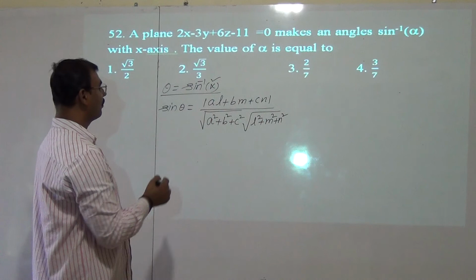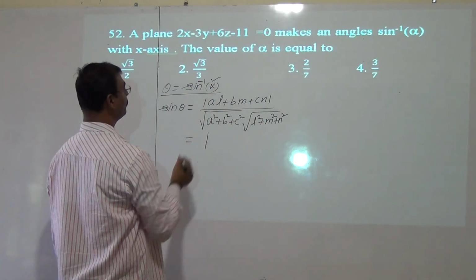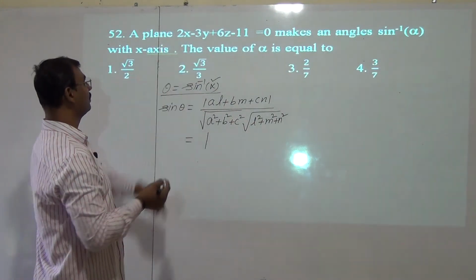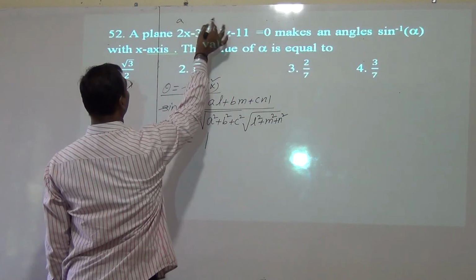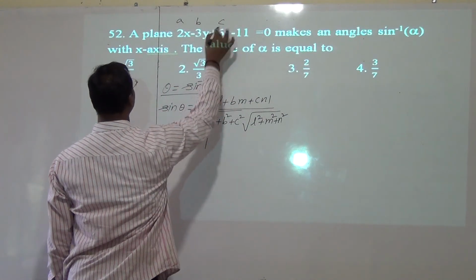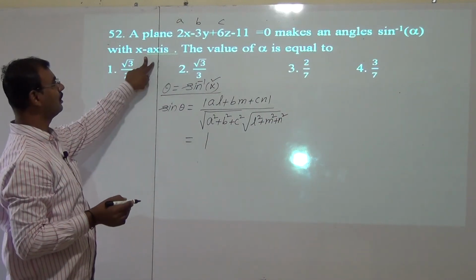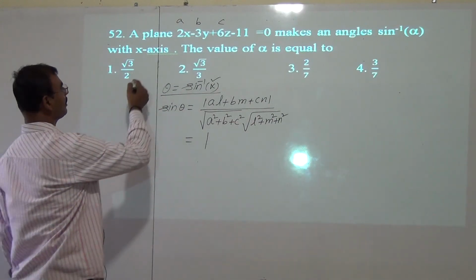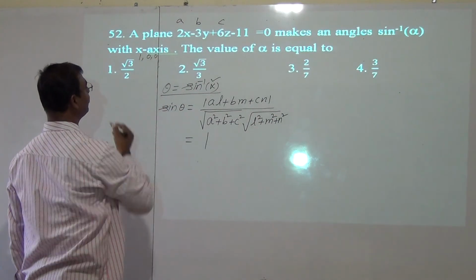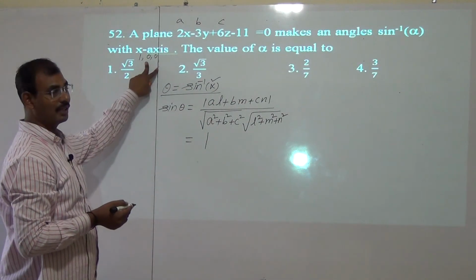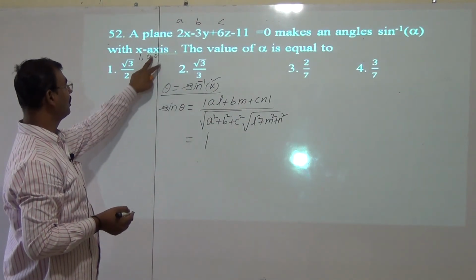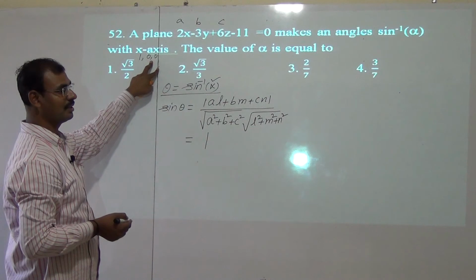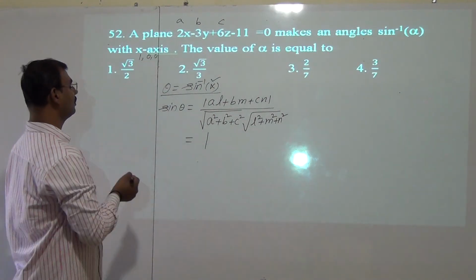First of all, observe that this is a plane, with A, B, C as its direction ratios, and here the plane makes an angle with the line, the x-axis. On the x-axis, what are the direction ratios? 1, 0, 0. This is a plane, this is a line. So the DRs of the line on the x-axis are 1, 0, 0.